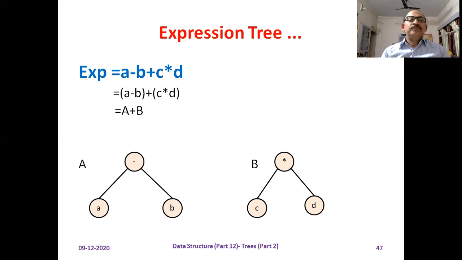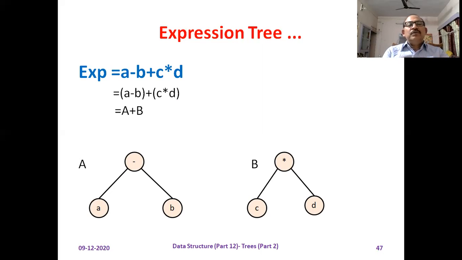Or you can take capital A as a minus b. Now capital A is the elementary expression a minus b. Therefore take minus as the root node of the expression a minus b, with a as the left child and b as the right child.